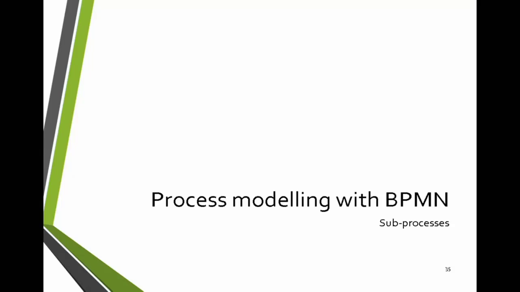Using sub-processes is also a key practice in BPMN, and is also, if you compare it to Petri nets, a key advantage of BPMN. In Petri nets, you don't have this opportunity to separate out your model in a hierarchical structure of models that allows you to look at simpler models at the top level and, if you want to know more detail, to go and look in more specific parts of your model in the sub-processes.